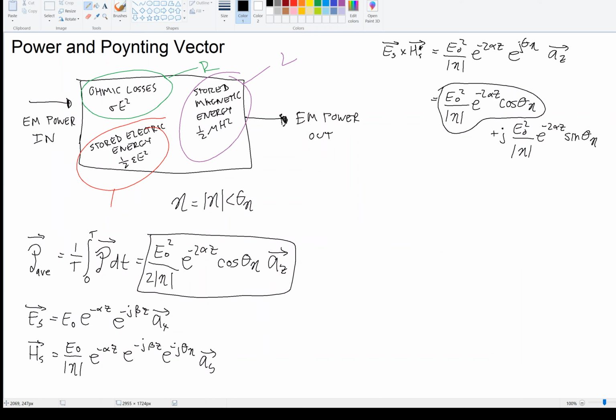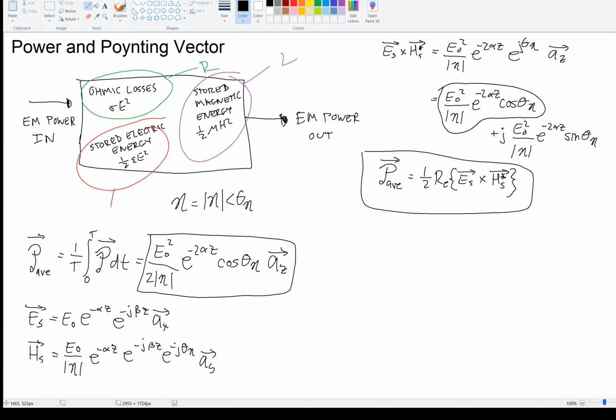And so what I can say then is my average power is 1/2 the real part, because I'm ignoring this j here and only circled the real part, of ES cross the complex conjugate of HS, like that.